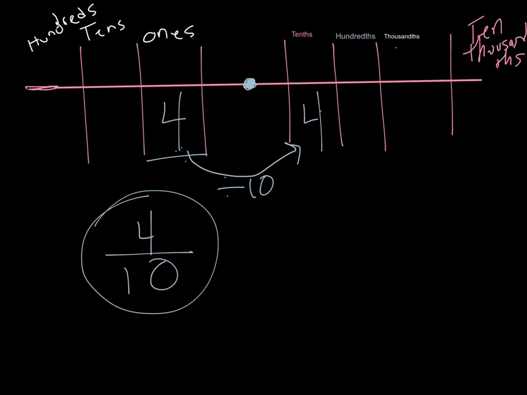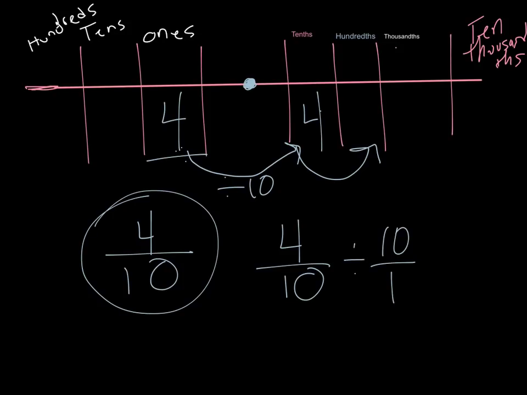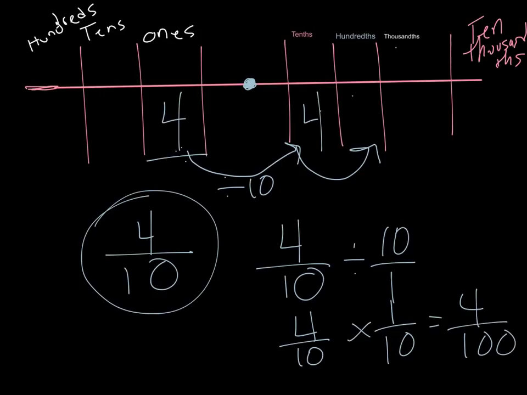If we were to take our 4/10 and divide it by 10 again, we would end up with 4/100. Here's 4/10 divided by 10, which is the same thing as 4/10 times 1/10, which equals 4/100. We would write 4/100 by putting a 4 in the hundredths place.